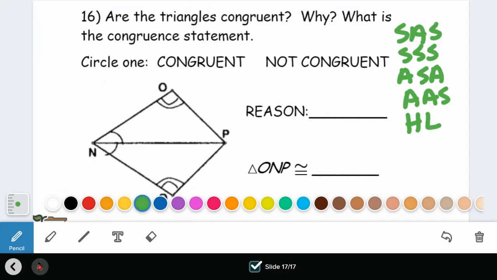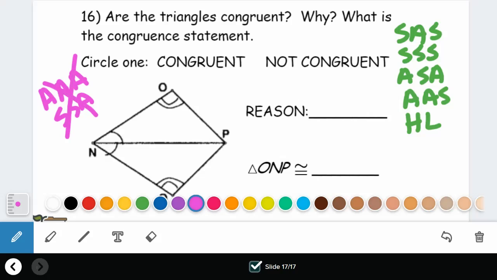And then the ones that do not work, that's a no. Angle, angle, angle is similar but not congruent. And then side, side, angle is not. These ones are no.